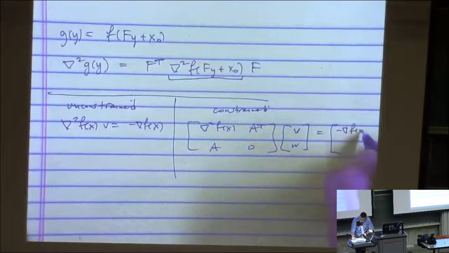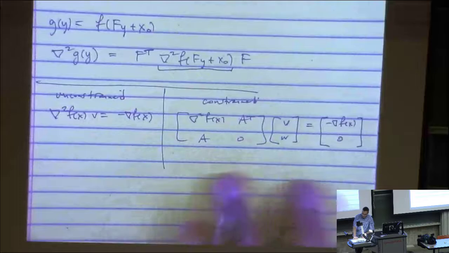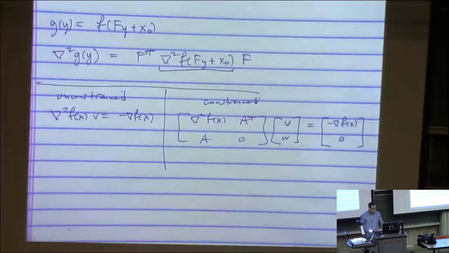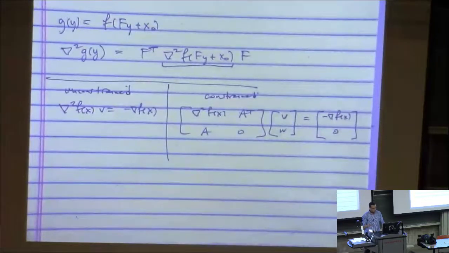We don't need it because we just care about the update direction. If we solve this slightly bigger system, we get the update direction v that satisfies A times v equals 0 and minimizes this quadratic approximation. So that's Newton with constraints, and it's really as straightforward as that. Everything else that we learned still applies: convergence rate, backtracking, everything is the same. We just are now going to be staying inside this feasible set.